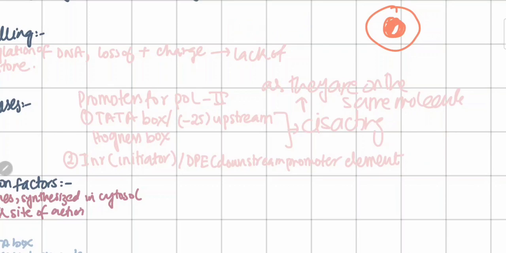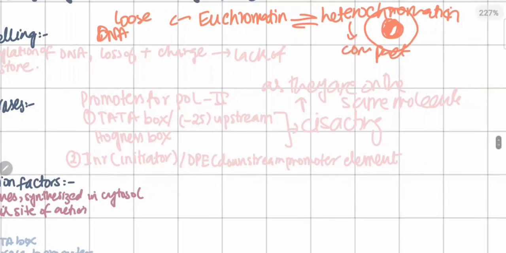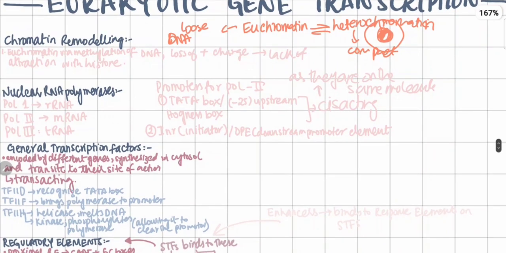So what actually happens is that we have a good equilibrium between euchromatin and heterochromatin, right? Euchromatin is loose DNA, and heterochromatin is compact. So chromatin remodeling is the reversible nature of euchromatin and heterochromatin.